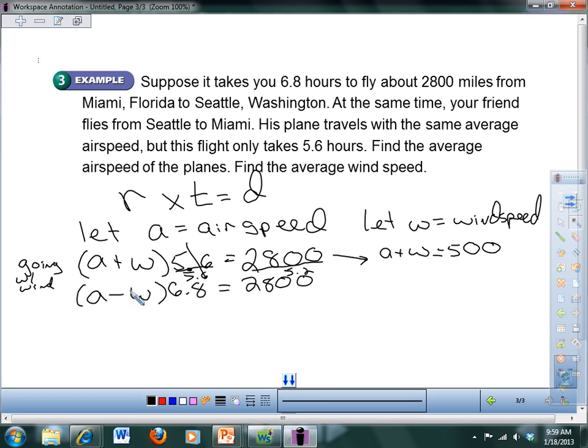You guys see what I did? I divided everything by 5.6. What do you think I'm going to divide by in this equation? 6.8. So divide both sides by 6.8, and that equation turns into A minus W equals 2,800 divided by 6.8.